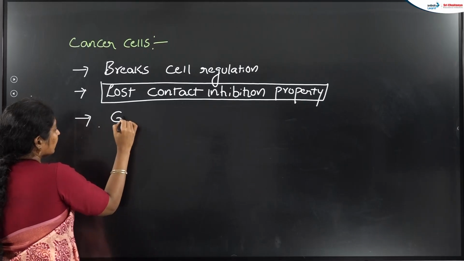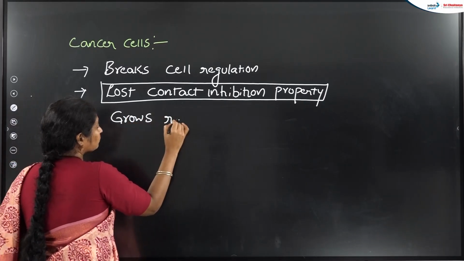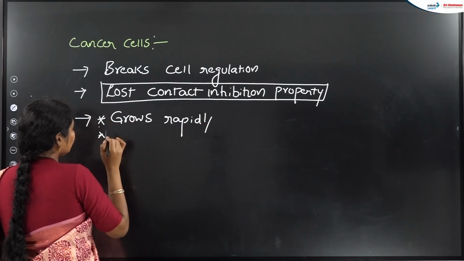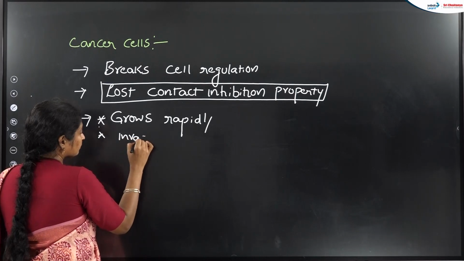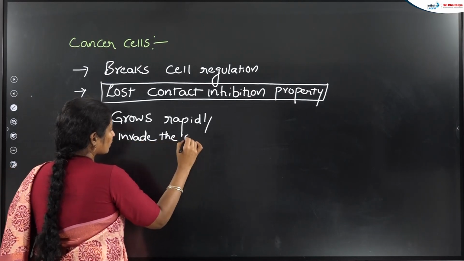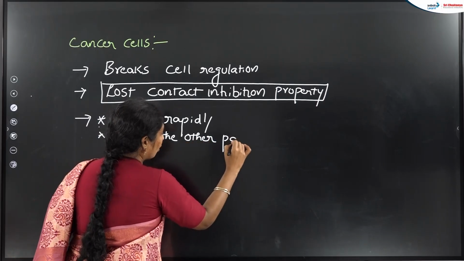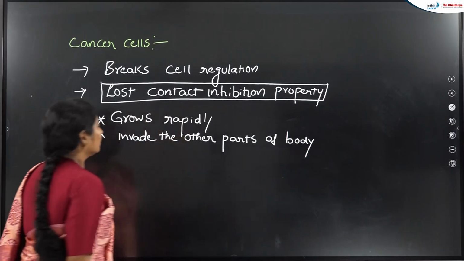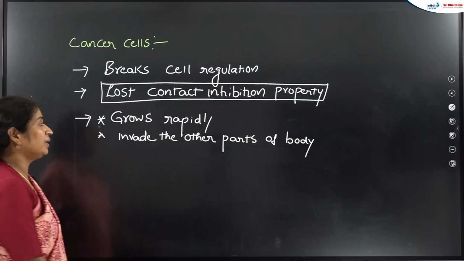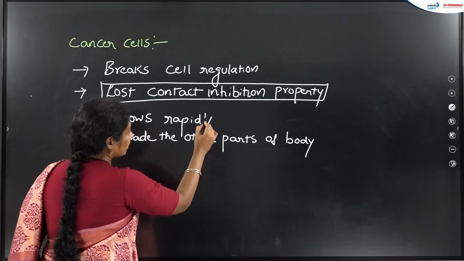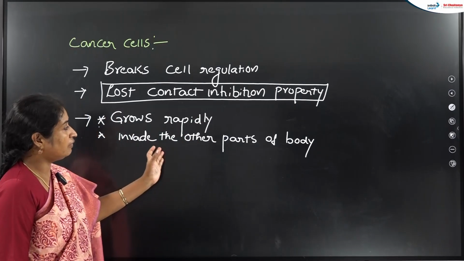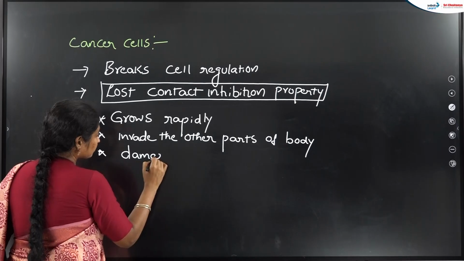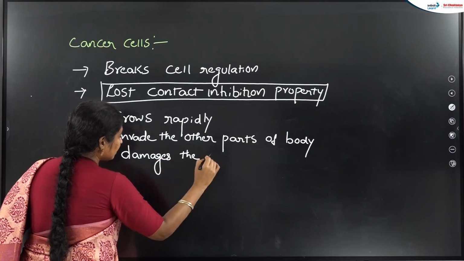These cancer cells grow rapidly, and they even invade other parts of the body. Why do they grow rapidly? Because of the absence of contact inhibition, and they start to invade other parts of the body and damage them.